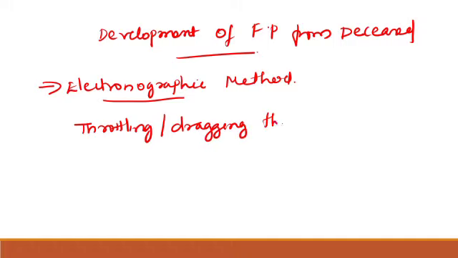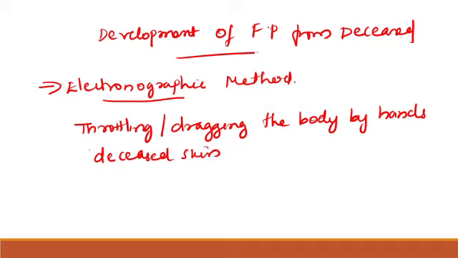In such cases like throttling or dragging the body by the hands, you can see the fingerprint of the culprit on the deceased skin. So we use the electronographic method in such cases.